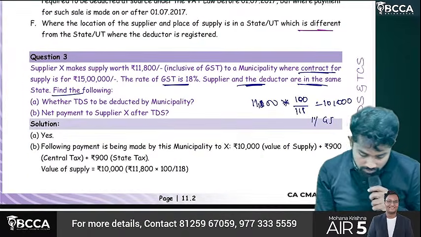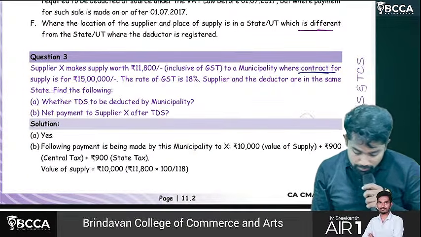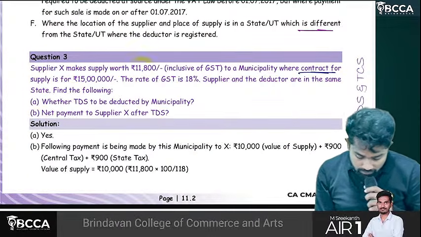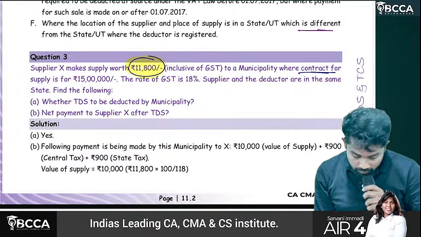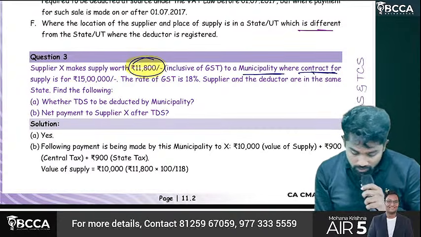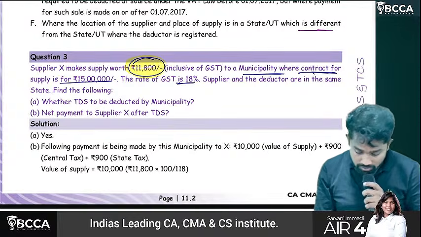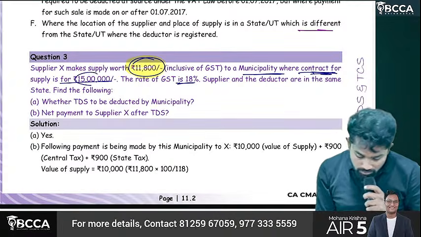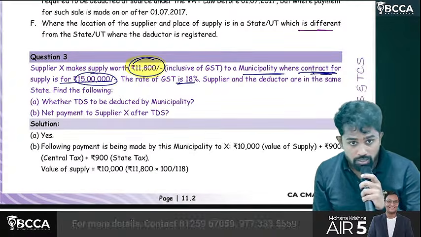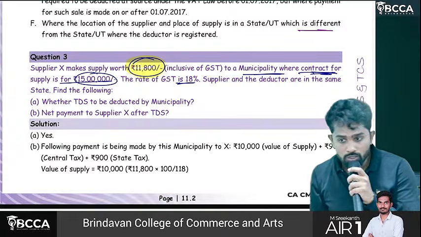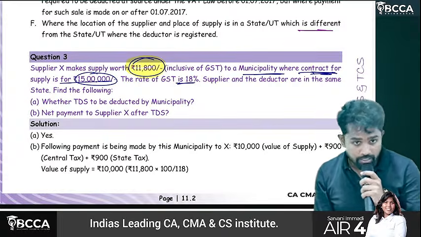Then look at here, sir. Supplier X makes a supply worth 11,800 to a municipality where the contract for supply is for 15 lakhs. The rate of GST is 18%. First, what is the contract amount? 15 lakhs, which is more than 2 lakh 50, so TDS is applicable.